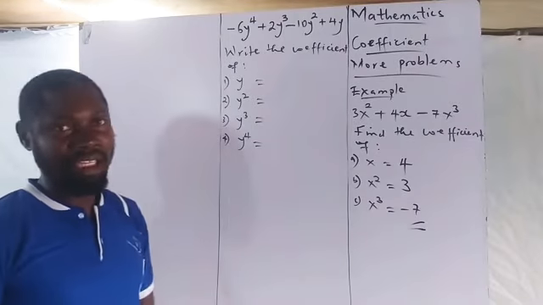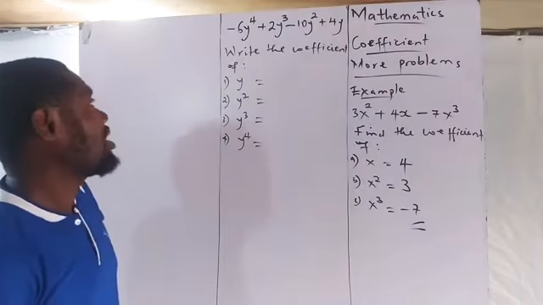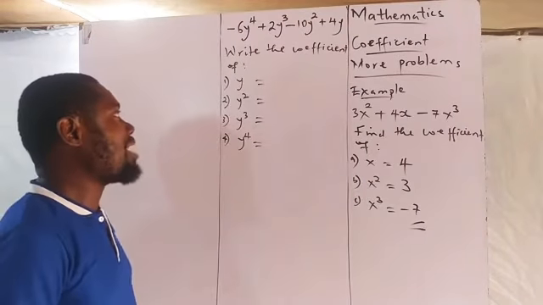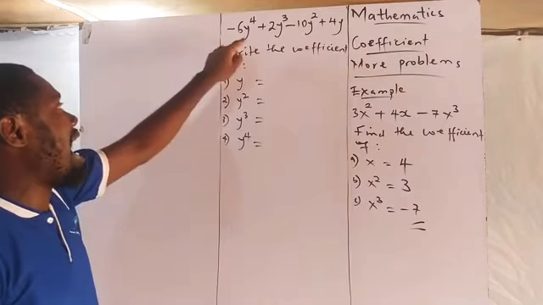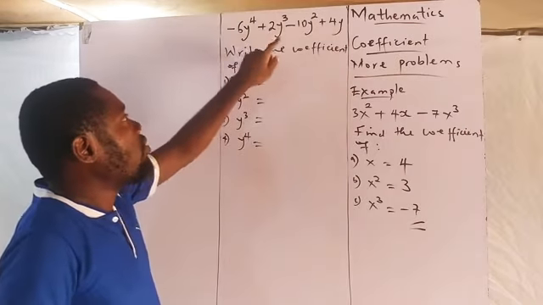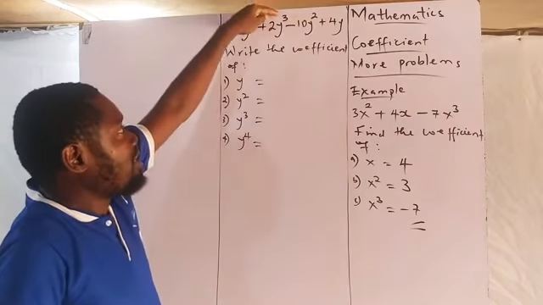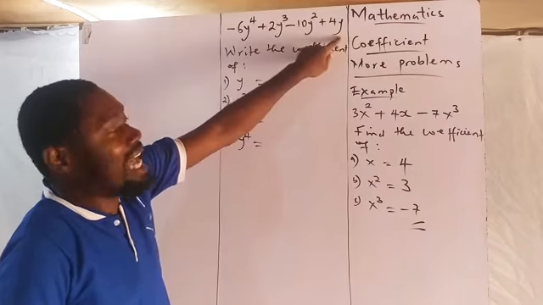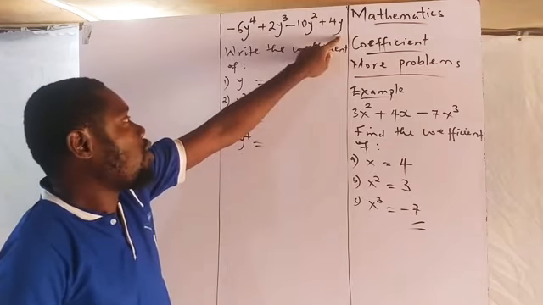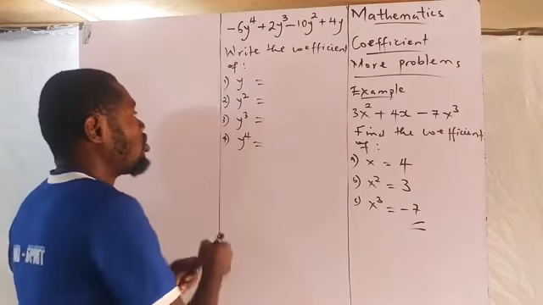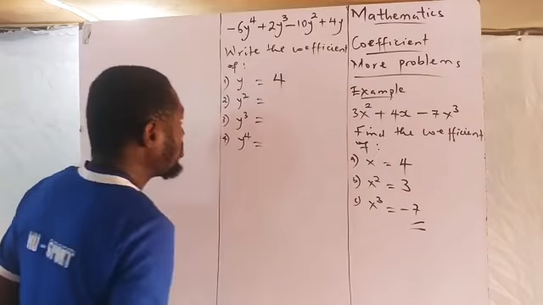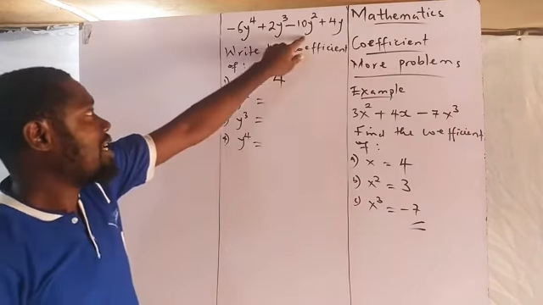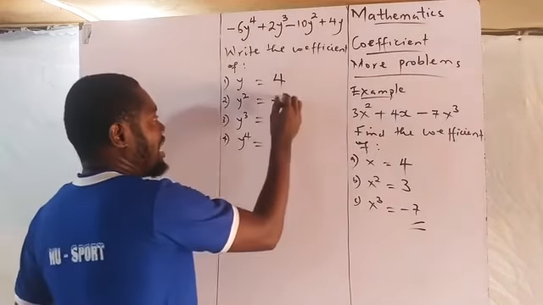But now we are still dealing with coefficients. In this algebraic expression, look at the part where you have only y. This is y raised to power 4, y raised to power 3, y raised to power 2, and only y standing. What is the coefficient of y alone? It is 4. The one that has power 2, the coefficient is minus 10.